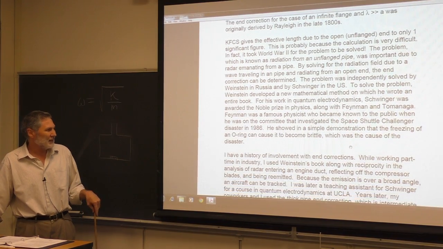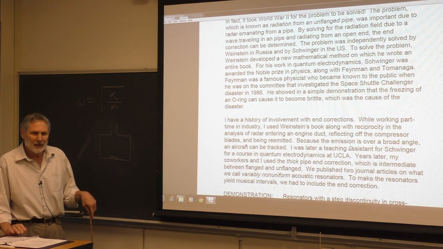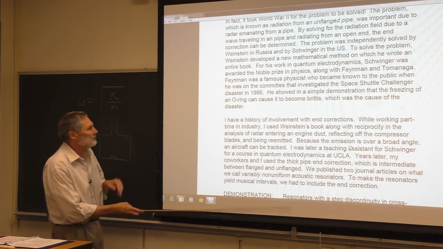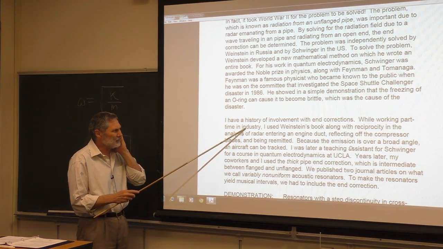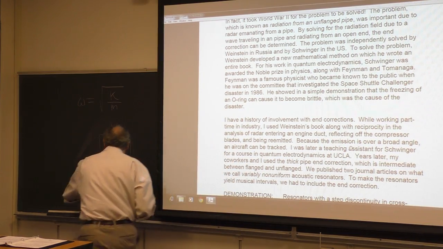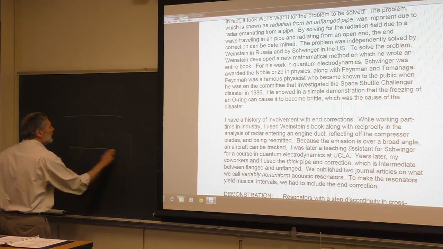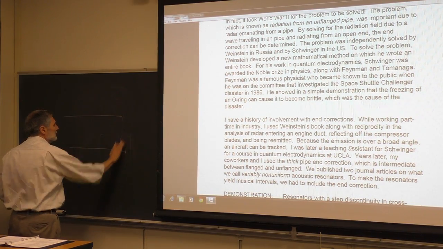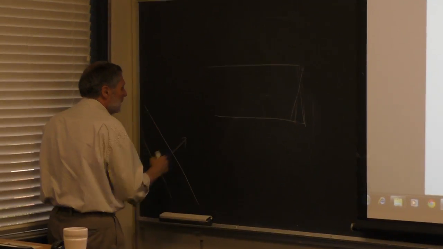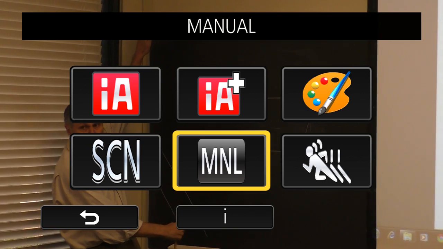So I actually have, not by choice, a history of involvement with this problem. They just keep coming up. I worked part-time in industry for a while, for Northrop Aircraft. When you have a jet engine duct like this, with compressor blades at the end here, and it's being hit with radar, some of the radar gets absorbed, comes in here, bounces off the end, and then re-radiates in all directions.